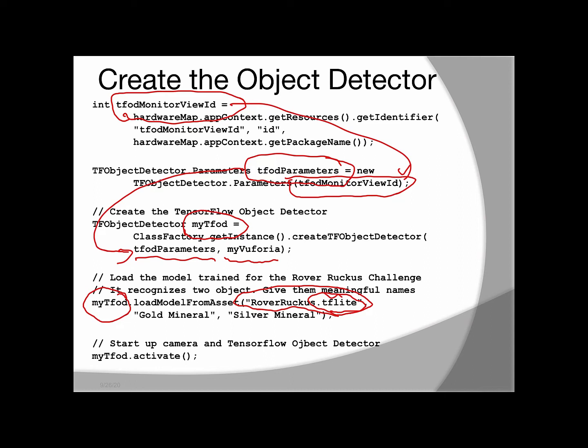There are two other pieces of information that we want to tell it, and that is the label that we're going to use for the objects that it can recognize. There's only two objects, so we only have two labels over here, and the one label, label 0, is for the gold mineral, and the second label is the one for silver mineral. So that's what we're going to call them when we want to refer to them, or it will tell us that is the name of the mineral when we ask for the label. Now we could put anything we wanted to in there.